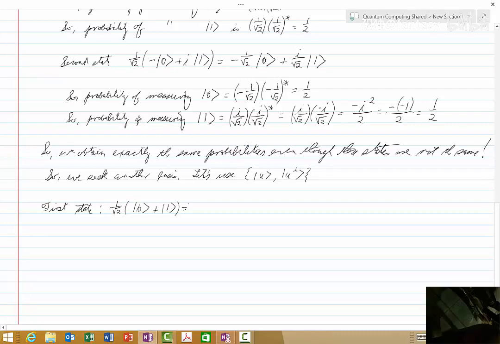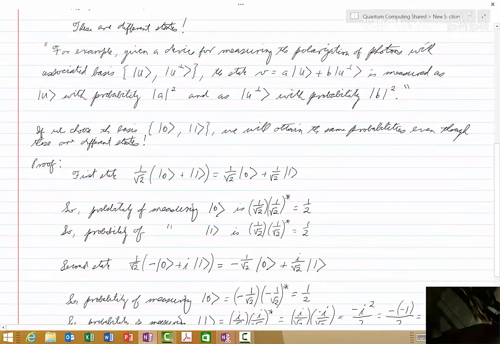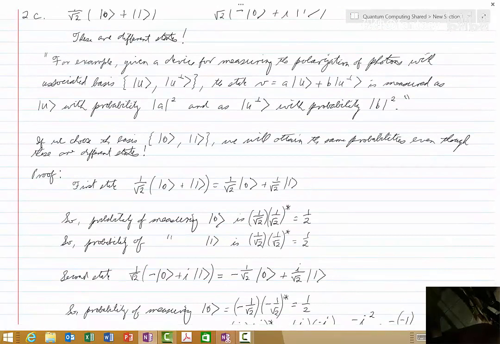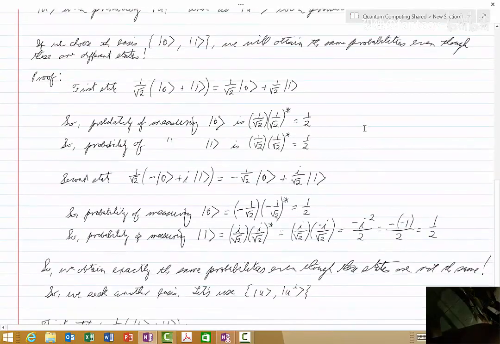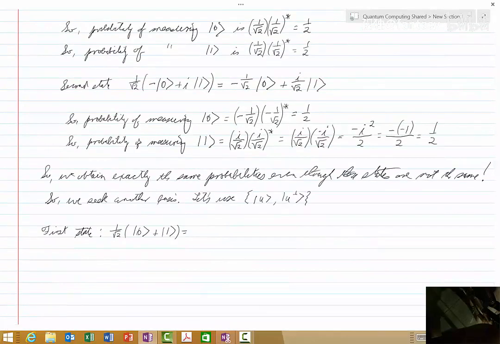And following the hint in the book, or not so much a hint, but a procedure, which is outlined right here in this one quote. Again, remember, this is pages 16 and 17 in your book. But following that procedure, we want to write this state as A times U plus B times U orthogonal.